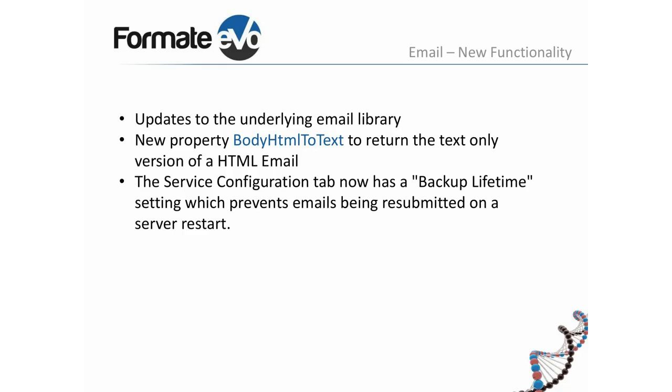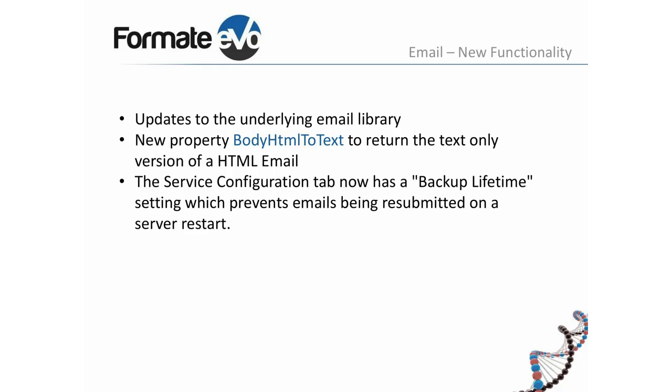So you have an email that doesn't go out because the email server was offline. You then restart your eVo server 3 weeks later. That email is resubmitted, and obviously you're now online with your email server, so that email now goes out some 3 weeks later.